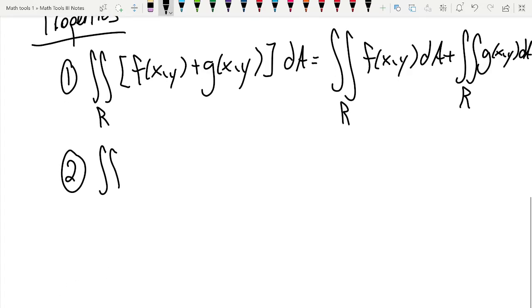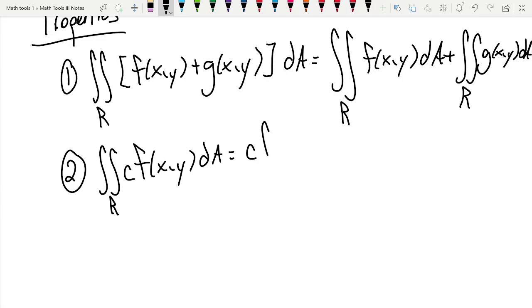We can still pull out a constant. Okay, so if we have some constant c, then there's no issue in pulling that out. And all of these properties are just inherited by the fact that we're just doing two integrals. So why wouldn't we be able to do this, right?